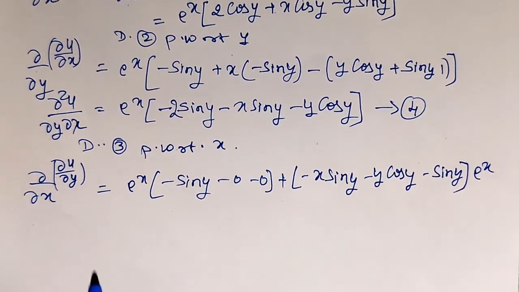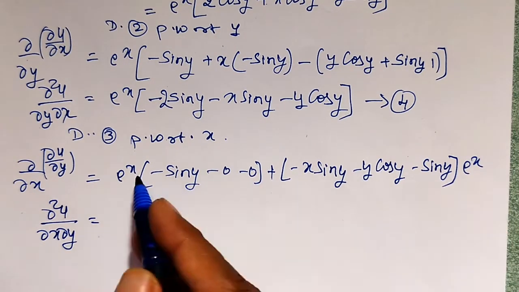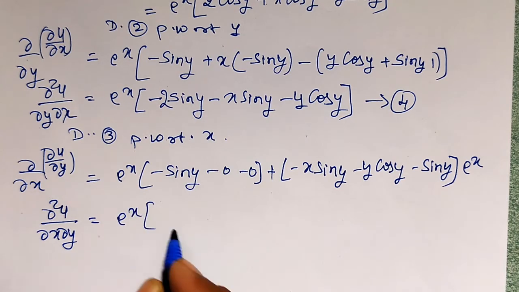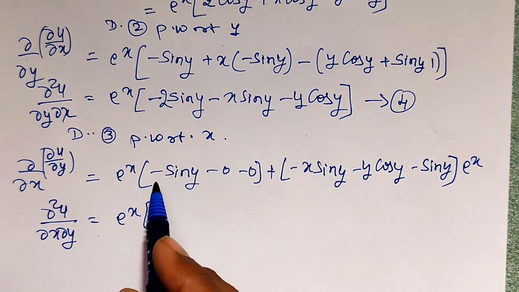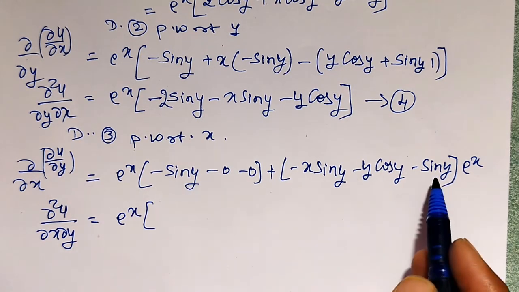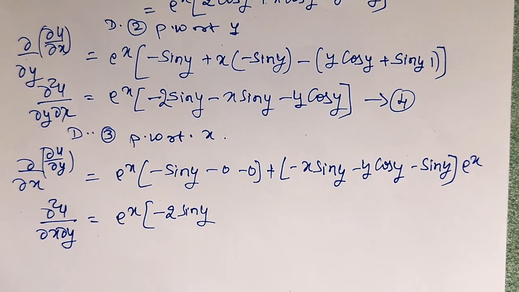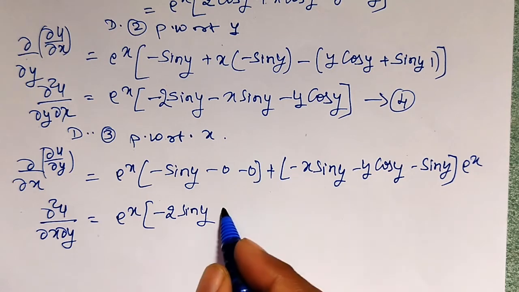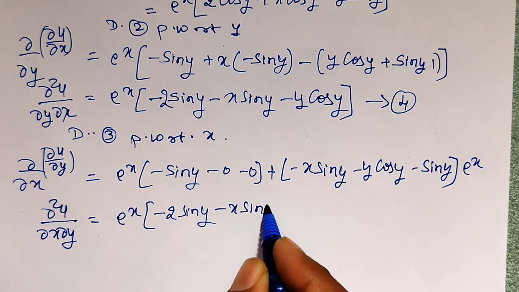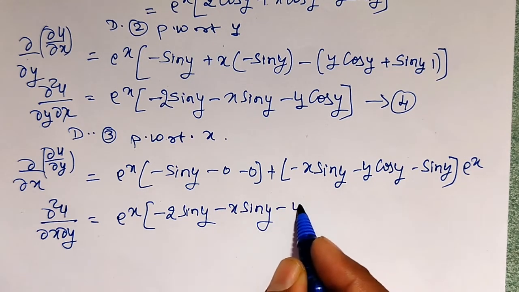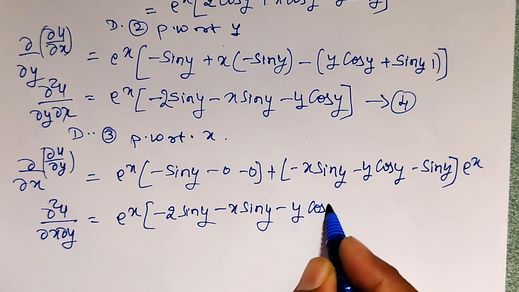The simplified form of this is del square u by del x del y is equal to, taking e raised to x common, minus sin y minus 2 times sin y and minus x sin y minus y cos y.